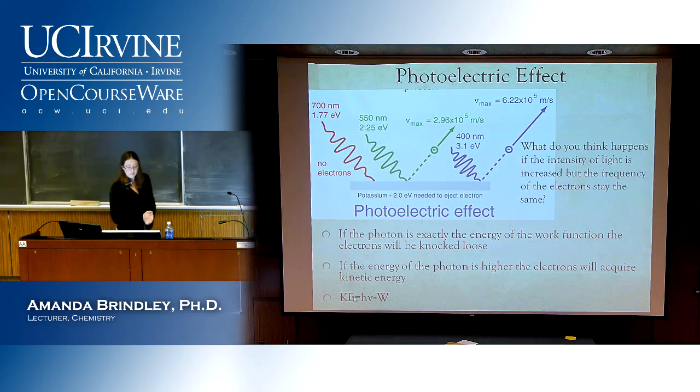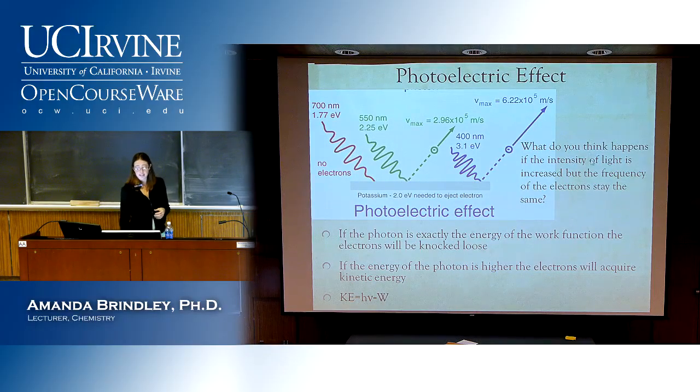Now, what do we think happens if the intensity of light is increased, but the frequency stays the same? So remember, we talked about intensity. We said it's just more and more and more light. It's shining 3 bulbs instead of 1 bulb, or 10 bulbs instead of 5 bulbs. So if we increase the intensity, are we increasing or decreasing the number of photons? Well, we're increasing it, right? What our eye sees as being more bright means that more photons are hitting our eye.